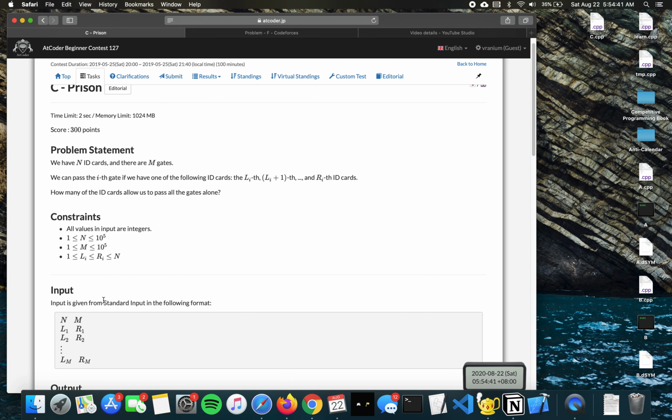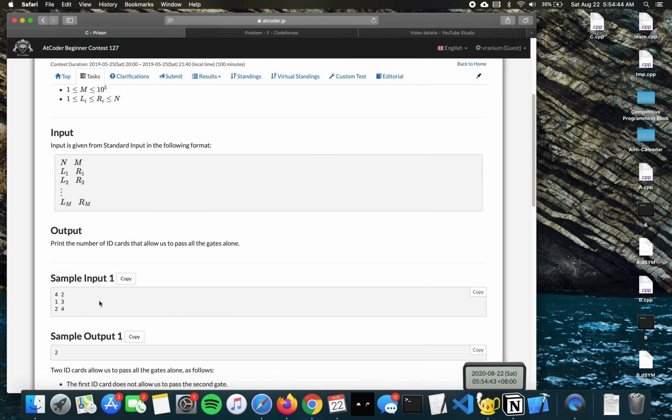So the key thing to notice is all we have to find is the largest left value and the smallest right value, because that would be a subset of keys that can pass through all the gates, right? So here the largest left value would be 2 and the smallest right value would be 3. So as we know, the subset which starts at 2 and ends at 3 only contains the cards 2 and 3, and our answer is 2.